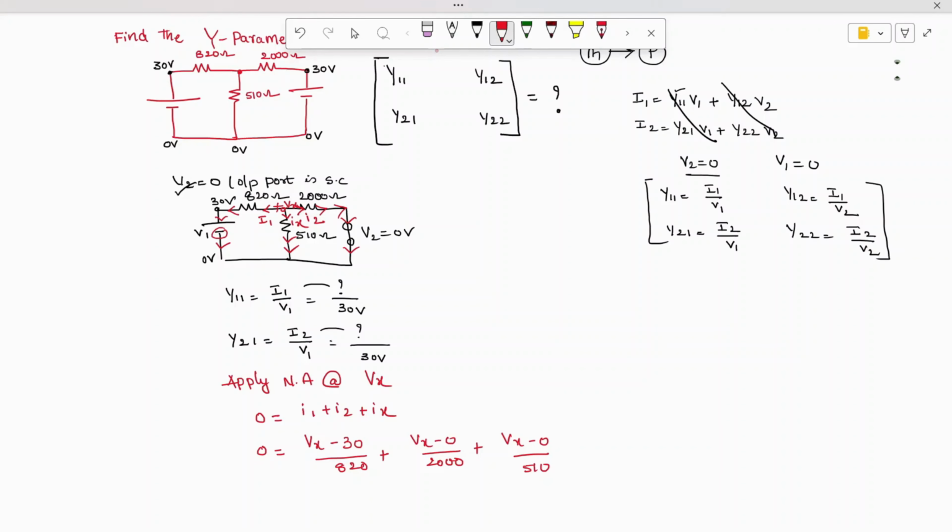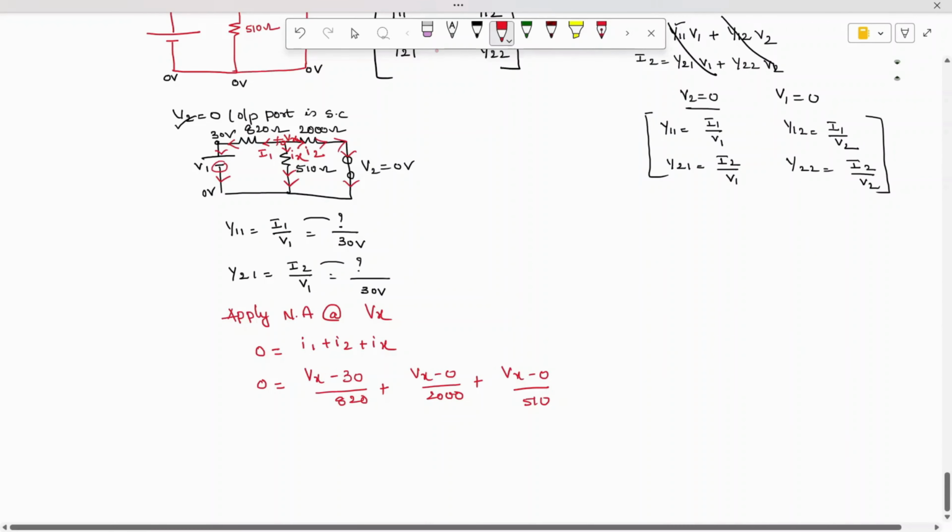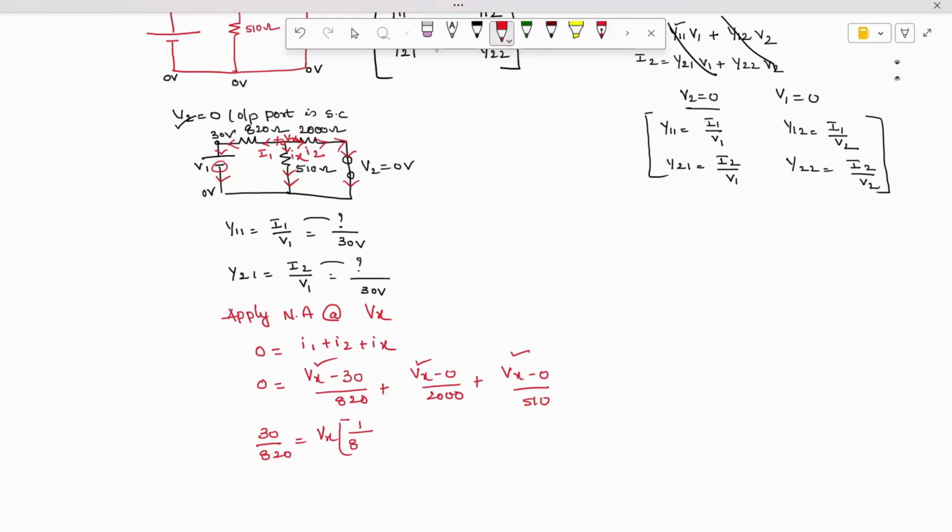Now this will give an equation. Just take Vx as a common term and try to solve it. Taking Vx as a common term, you get 30 divided by 820 is equal to Vx times, 1 by 820 plus 1 by 2000 plus 1 by 510.